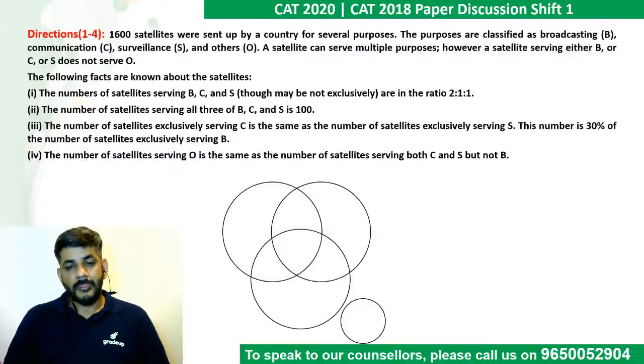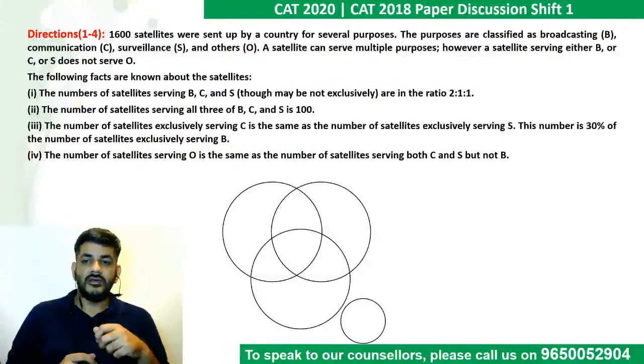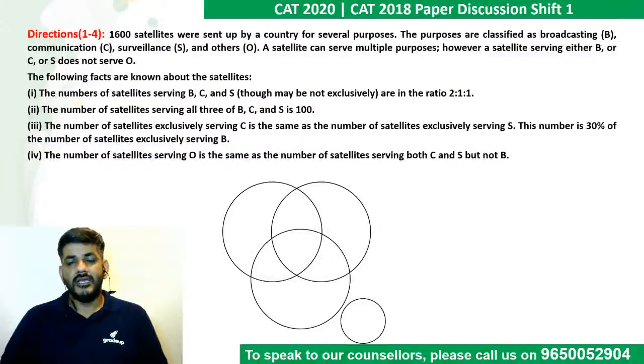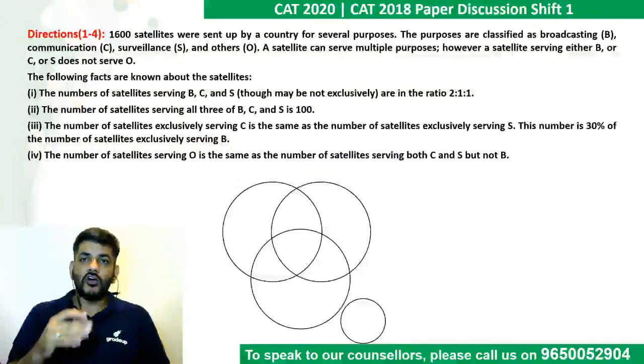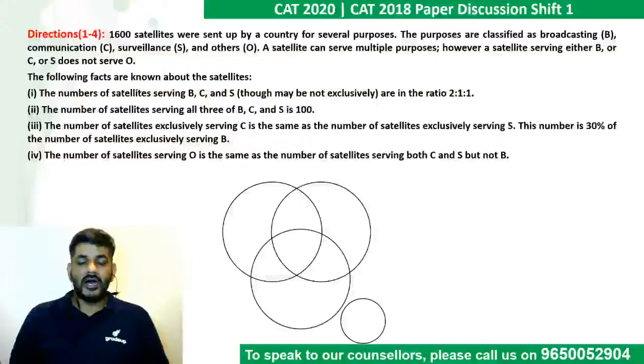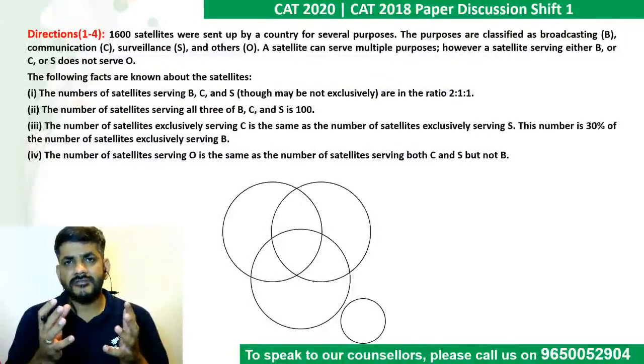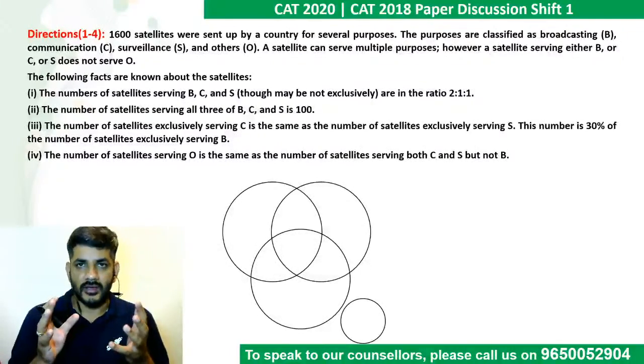How do we know? See guys, whenever you have information which is specific, when he talks about how many satellites are classified as B and C but not S, how many of them are only B, how many of them are only S, how many of them are S but not C, such kind of specific information, we make a Venn diagram.